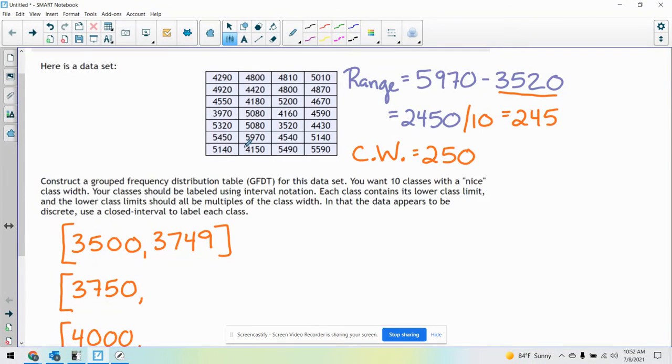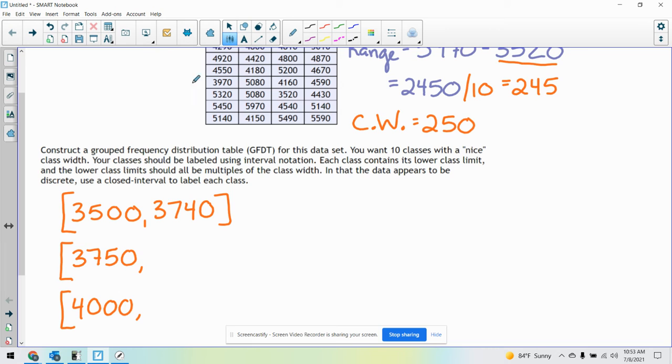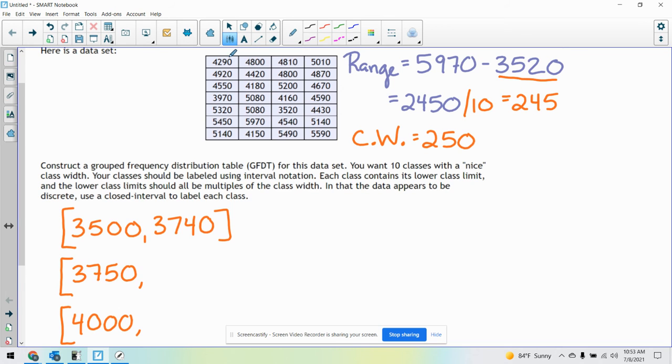But they want each of them to be multiples of 10. There are no values other than the multiples of 10. So if this starts at 3,500, this is going to end at the last multiple of 10 below 3,750. So this will be 3,740. You can think about it as lopping off all the zeros here.